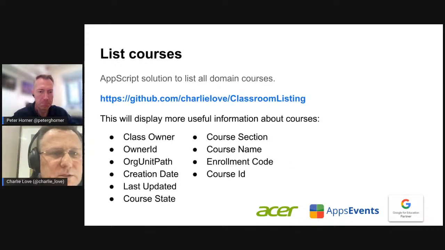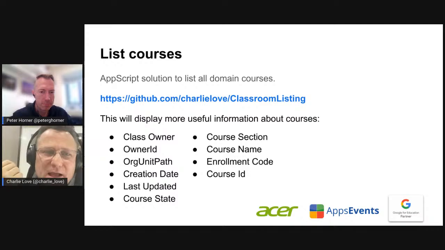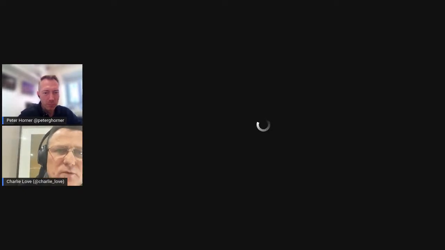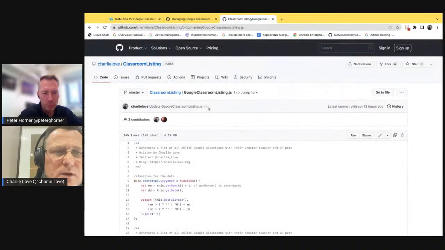Okay, so the way I tend to do this is I want particular sets of information out, and I like to have it in quite a managed way. Call it my OCD or whatever it is. So I've written an Apps Script that you can get. There's the link to it there, folks. And with that Apps Script, let me just jump over and let you see what that is. So that's on GitHub.